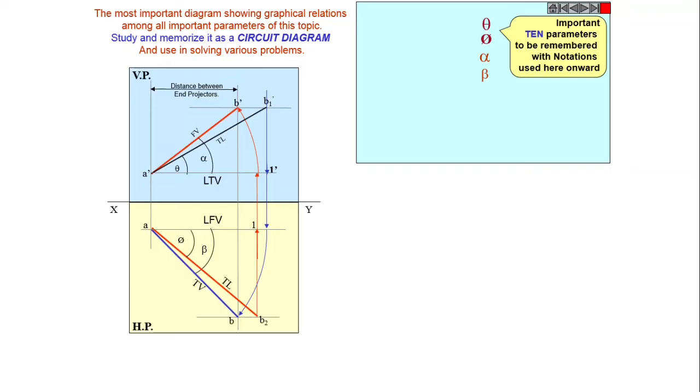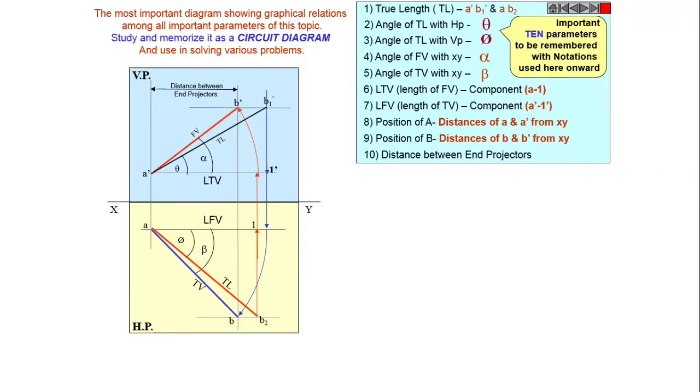This circuit diagram we have already discussed, and here these are the 10 parameters to be remembered with notations used to draw the orthographic projections of line inclined to both planes.